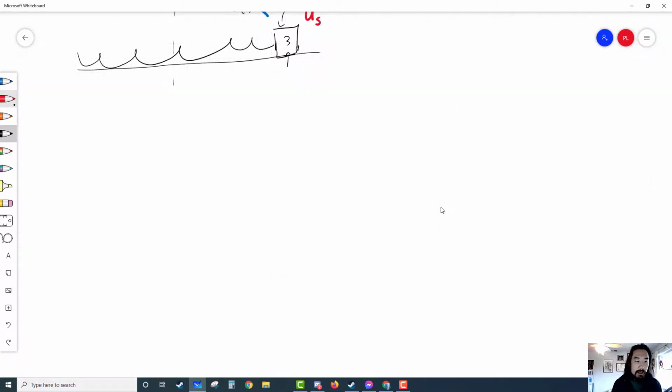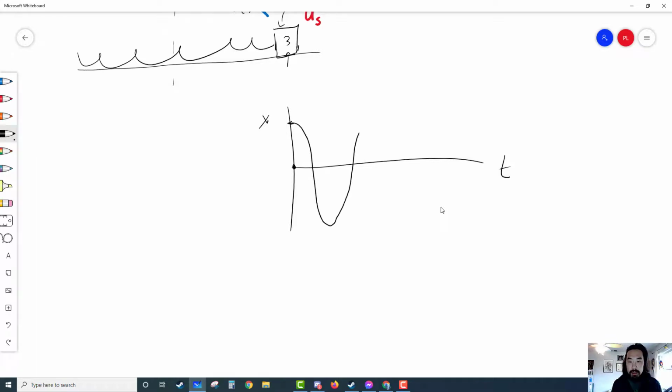So if we have a velocity time graph or a position time graph, where here this is equilibrium, right? And if we stretch it out all the way to position x, it's going to have this beautiful sinusoidal curve. Okay. Now the other thing I want to show you is the energy graph. So here we have, what did I say?